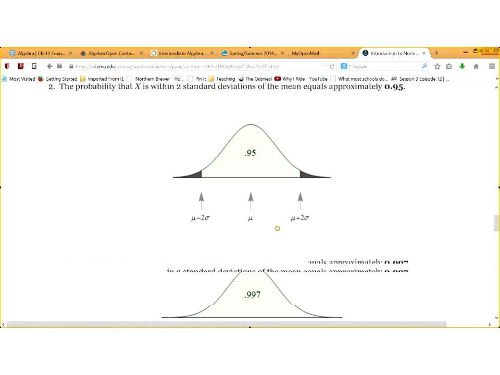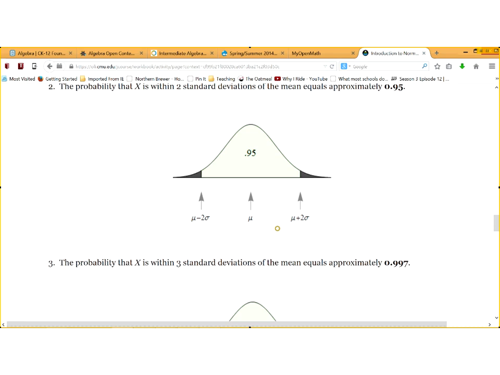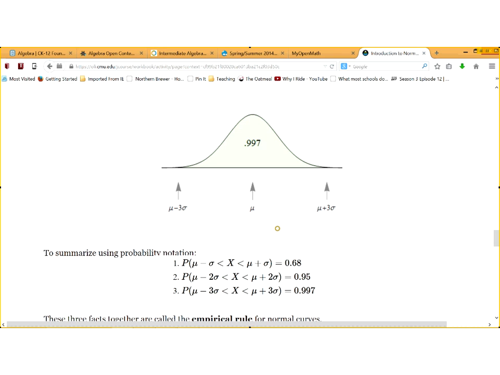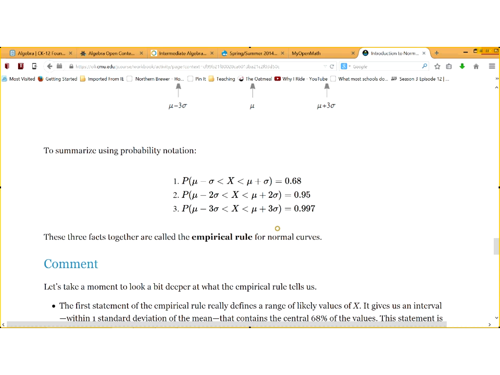So if we go out instead of 1 standard deviation in each direction, if we go 2 standard deviations in each direction, the area is roughly 0.95 or 95%. And if we go out 3 standard deviations, it's roughly 0.997 or 99.7%. And so sometimes we call this rule the 68, 95, 99.7 rule because of how much area there is within each number of standard deviations.